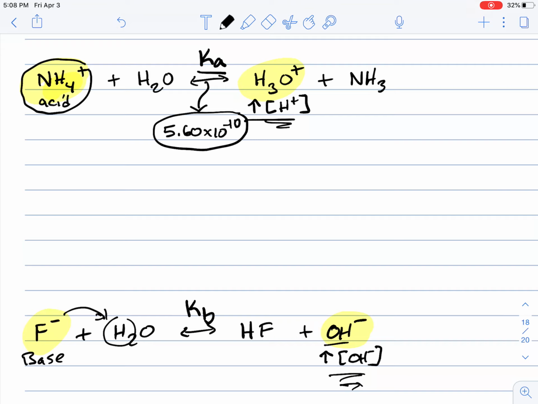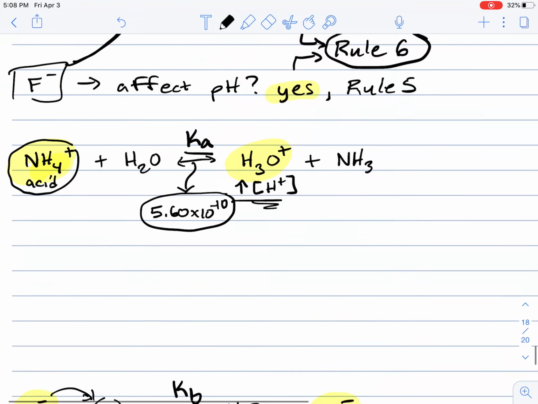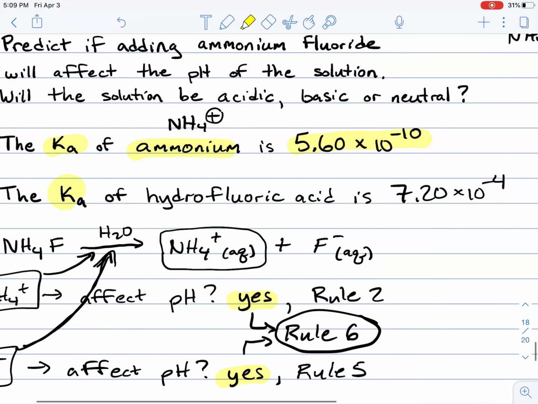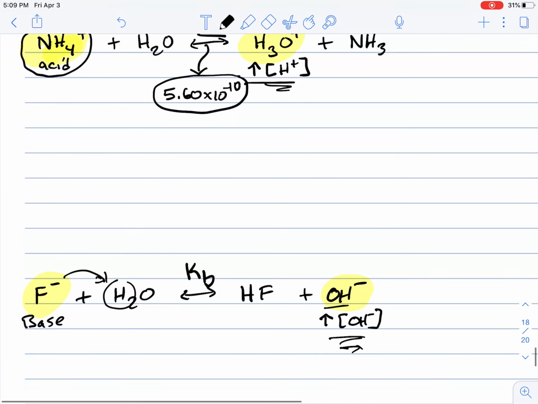And so we're going to do the same thing for F minus. Let's look at the second part to this. It turns out that the Ka of hydrofluoric acid is 7.20 times 10 to the negative 4. And hydrofluoric acid is HF, right? So this is describing the ionization of HF. But that's not what we have here on our reactant side.